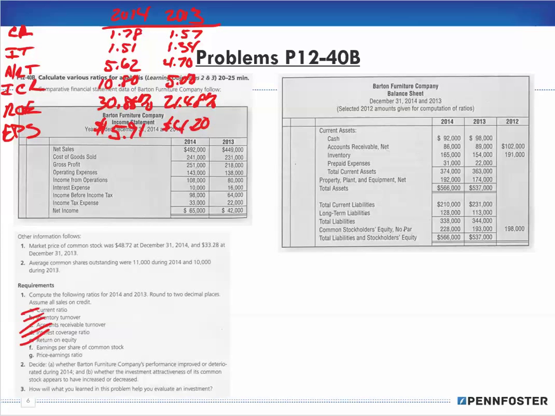And then lastly, the price to earnings ratio, the PE ratio. So the price to earnings ratio is the current price per share over the current EPS.